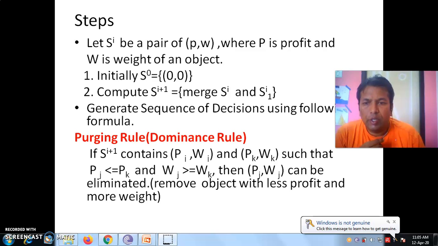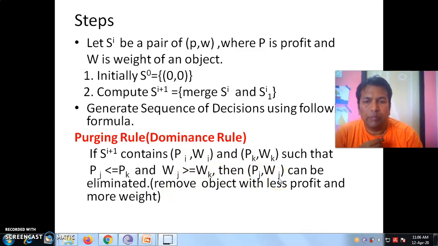The condition is Pj less than or equal to Pk and Wj greater than or equal to Wk. If these two conditions are satisfied, then we need to eliminate the tuple (Pj, Wj). The set is given with tuples in order, and we need to remove the tuple with less profit and more weight. There we apply the purging rule.